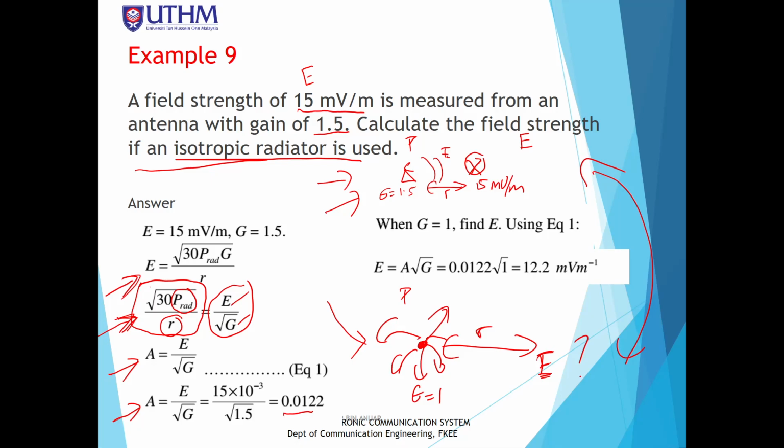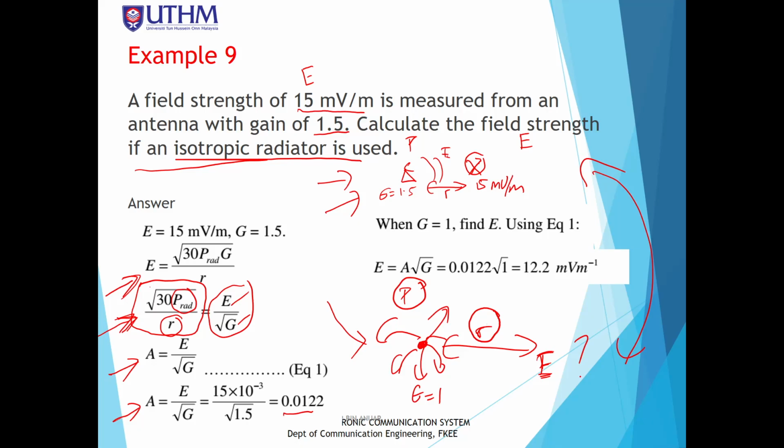Kita ingin mencari nilai electric field yang baru. As I mentioned previously, we are using the same amount of power and we want to find the E field at the same distance. Kita menggunakan P radiation yang sama dan jarak yang sama. Berapakah electric field yang akan kita capai?